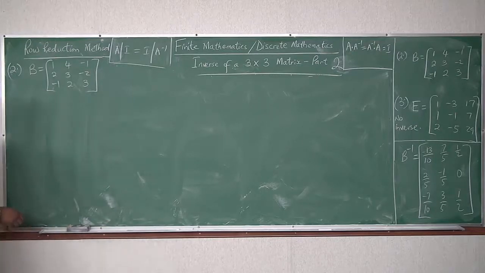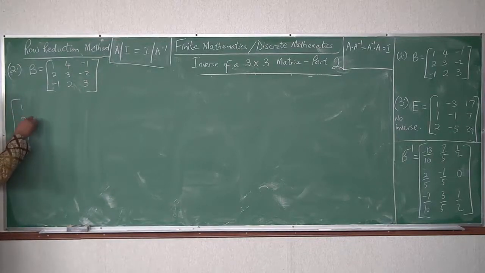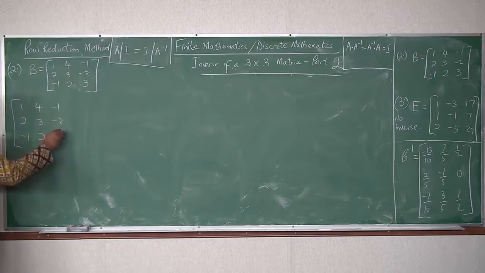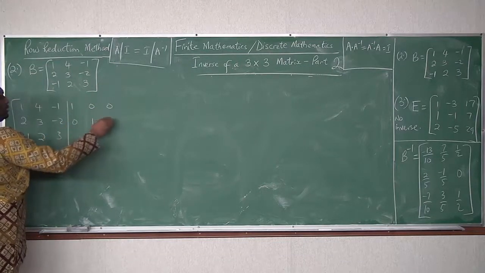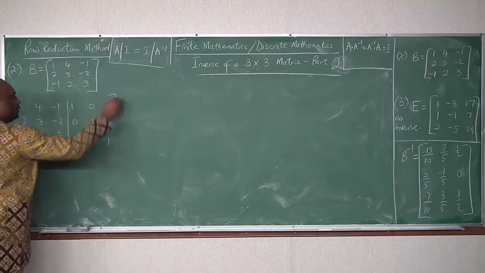So to find our B inverse, we have to write this as an augmented matrix: 1, 2, negative 1, 4, 3, 2, negative 1, negative 2, 3, and an identity matrix here, 1, 0, 0, 0, 1, 0, 0, 0, 1.